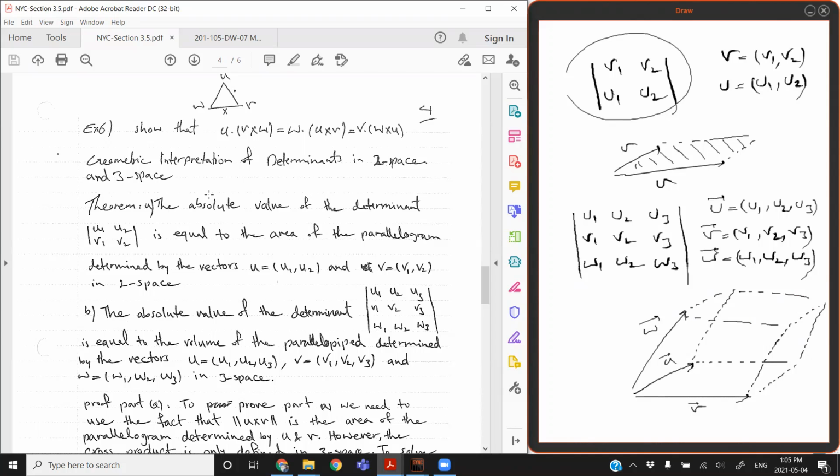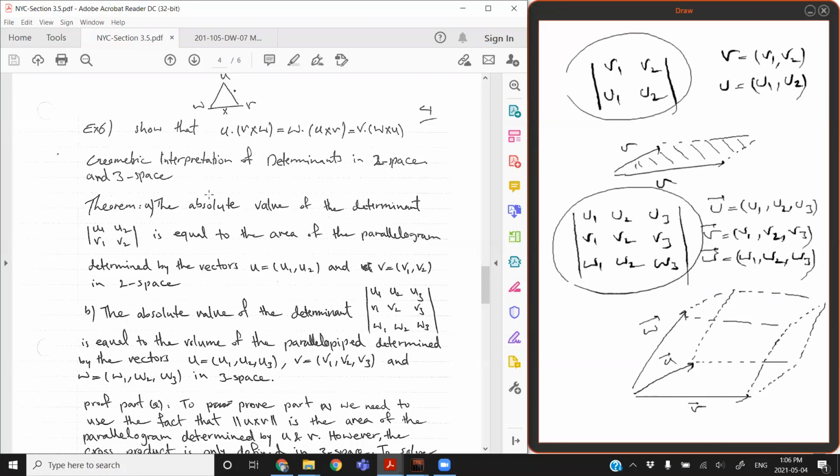And I can show you that the absolute value of this determinant, because notice that the determinant could be positive or negative, is going to be the same as the volume of this shape here.